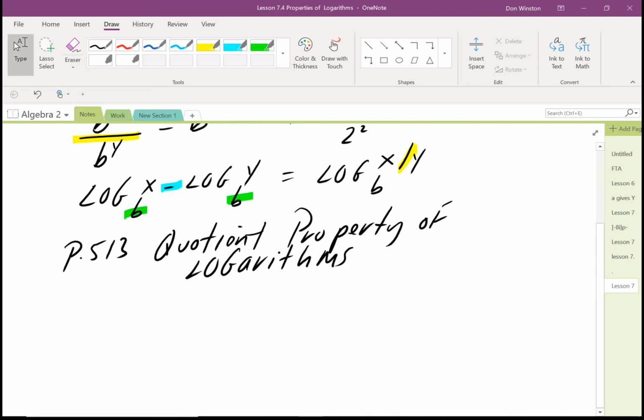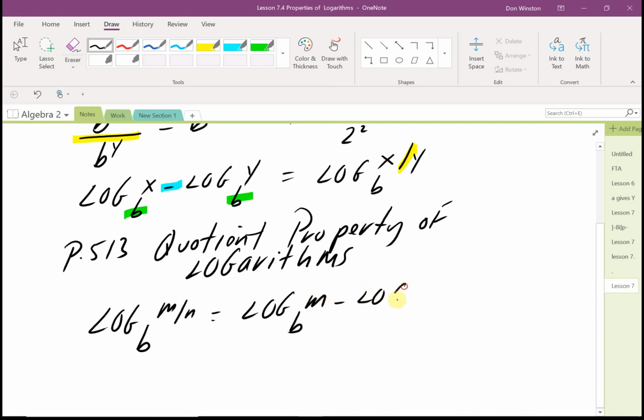And that property says this, that log base b of m divided by n is equal to log base b of m minus log base b of n. Again, division involves subtraction.